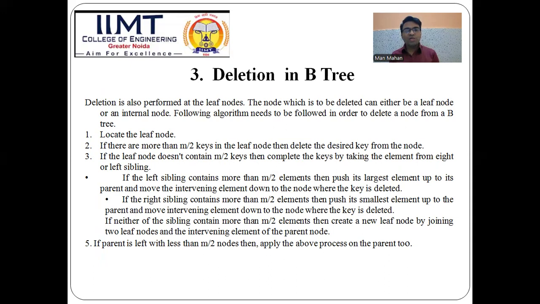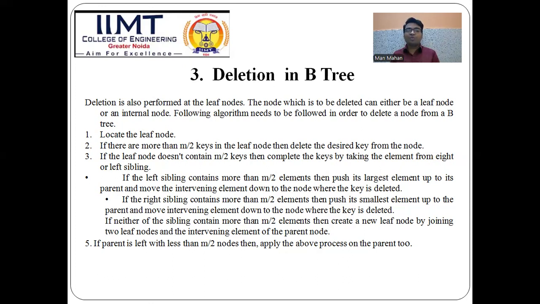Now we move on to the deletion operation in a B tree. If we want to delete a particular key from the B tree, what is the process for deleting the key? We must maintain the properties of the B tree that we discussed in the previous slide.